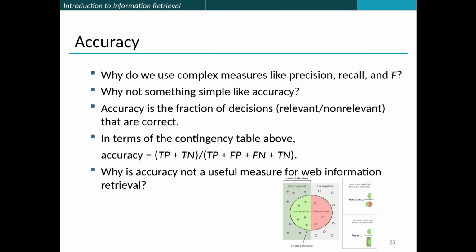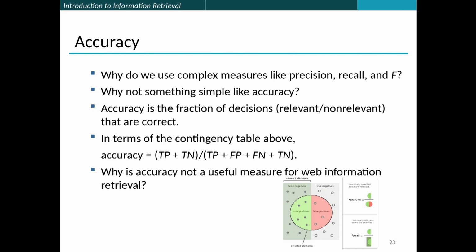So why is accuracy not a good idea? What is accuracy? First of all, accuracy is the fraction of decisions, either relevant or not relevant, that are correct. Okay, either relevant or not relevant documents that are correct. Why is it not a good idea? Remember the observation we made before.